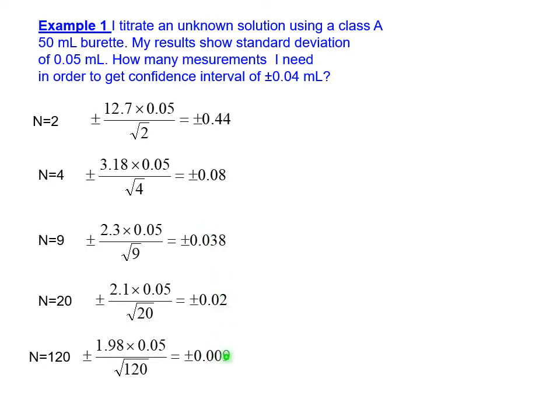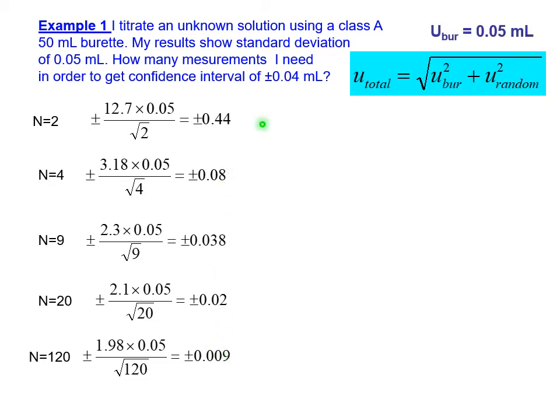But does it make any practical sense? I am using class A burette, which means that the burette has tolerance of 0.05 mL. Now total uncertainty is coming from this uncertainty of burette and my statistical uncertainty here.